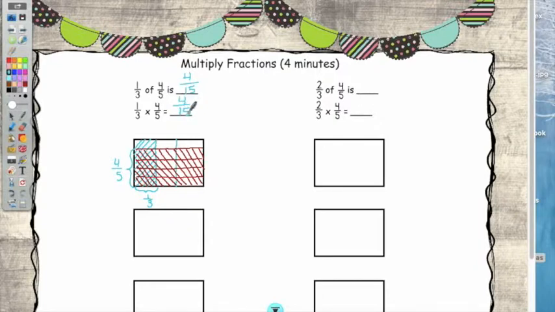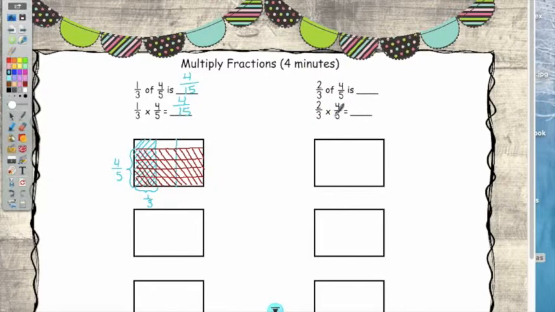Is there an easier way to get that answer than drawing this rectangle and doing all that shading? Emily? You look at the bottom numbers, like 3 and 5, and multiply. So you multiply the numerators and you multiply the denominators. That's correct. That's how you multiply fractions. Okay? So let's take a look at the next one. 2/3 of 4 fifths is the same as 2/3 times 4 fifths.